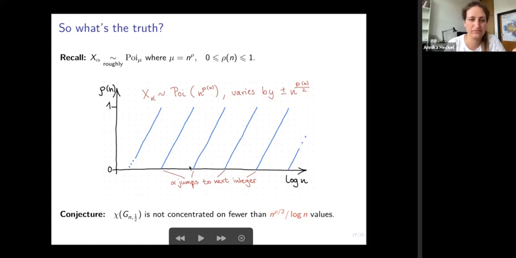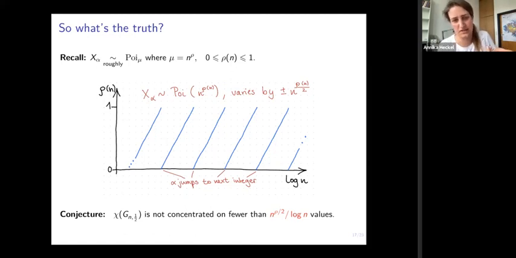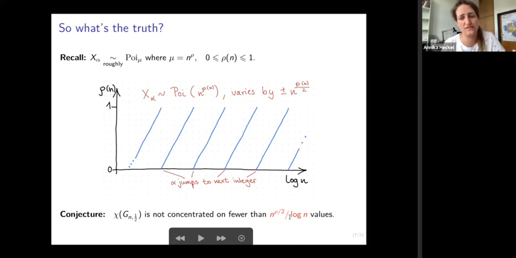The chromatic number should not be concentrated on fewer than about root of this many values. And we divide here by a log n. This is because every alpha set saves you about 1/log n colors. If you have an extra alpha set, it saves you overall roughly 1/log n colors.